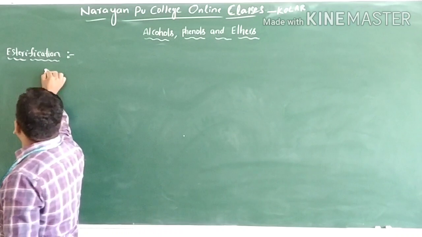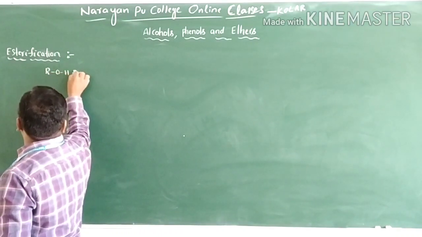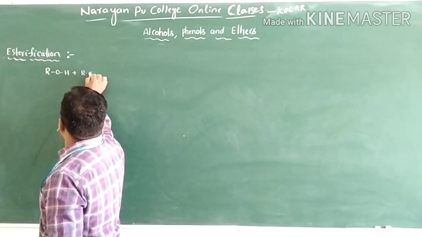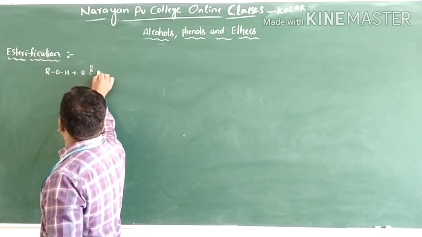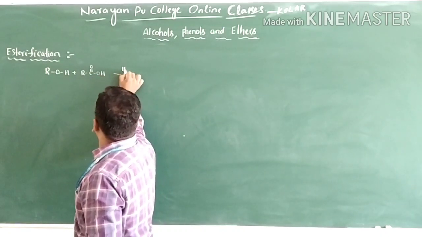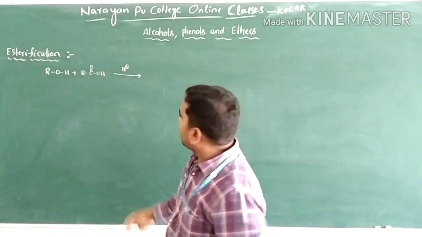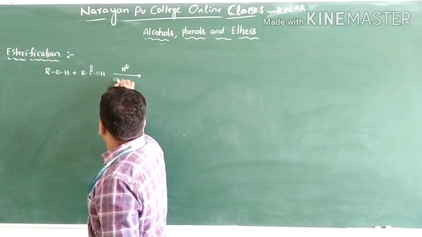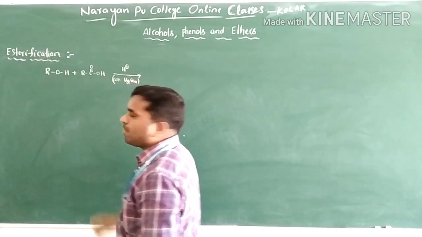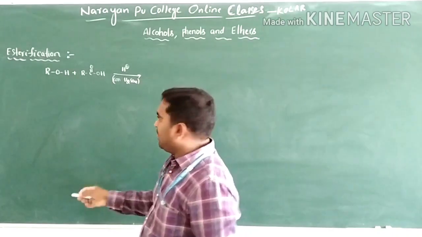First of all, alcohol. Alcohol means ROH plus acid. Acid means what is the general formula? RCOOH, in the presence of acidic medium, and you can take concentrated H2SO4. This is the acidic medium. Then you will get the compound, and a water molecule will be removed.